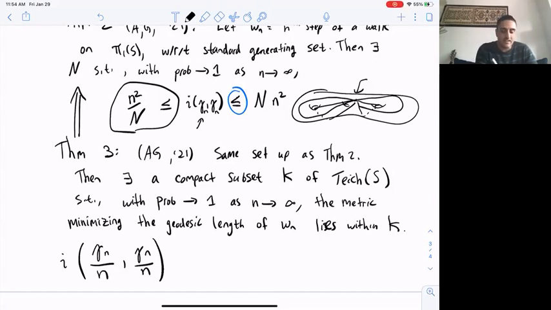So these little n's can factor out to give me something divided by little n squared, and this would have to go to 0 because I'm assuming that the curve itself has a self-crossing number that's growing slower than quadratic in little n. And what that means, if you think about it, is that gamma n divided by n is converging to a lamination on the surface. It's converging to something that doesn't have any self-intersection at all.